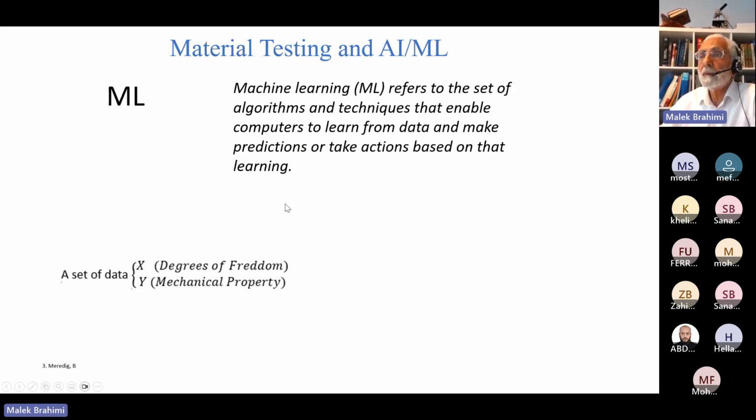فمثلا for example you have a set of data x degrees of freedom, y let's say its mechanical properties اللي شفناها من قبل في part 1.